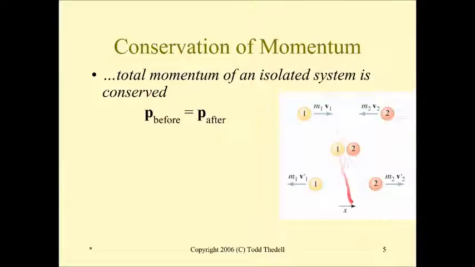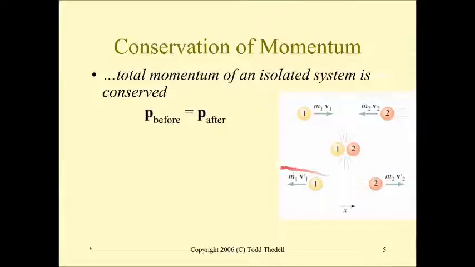They hit, and now they're going the opposite direction. And so we now have mass 1, which hasn't changed, times velocity prime 1. That little prime symbol up there means that it's a different velocity than the initial velocity. Same with the velocity 2. It's just a different one from that.